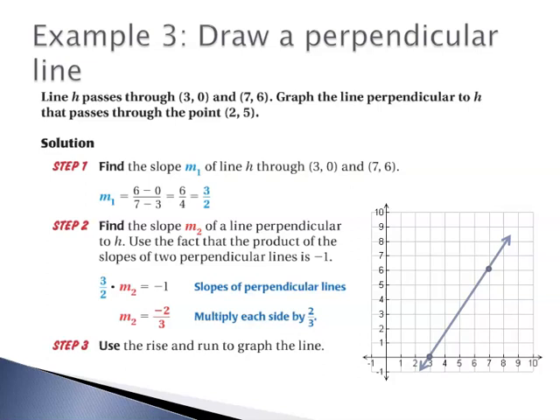So I'm going to find (2, 5), and now I'm going to use the slope to find another point. Since the slope of this line is negative 2/3, I'm going to go down 2 and to the right 3, and then down 2 and to the right 3 again, and that is going to be the graph of the line that is perpendicular to H that also goes through the point (2, 5).